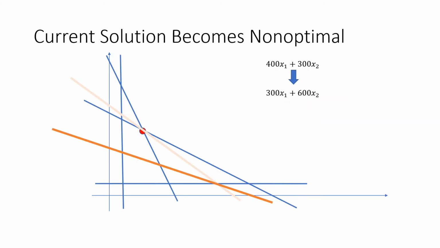Okay. Another thing that can happen is that your current solution becomes non-optimal. So graphically, here's what's happening. This was our old objective. What's happening is our objective function is changing this time. This becomes our new objective function. And remember how it works? You kind of move it along parallel.